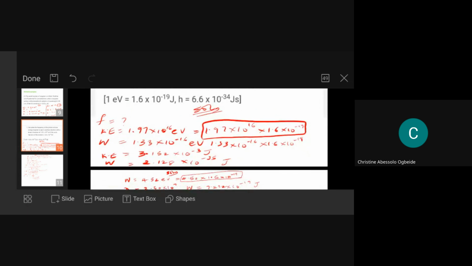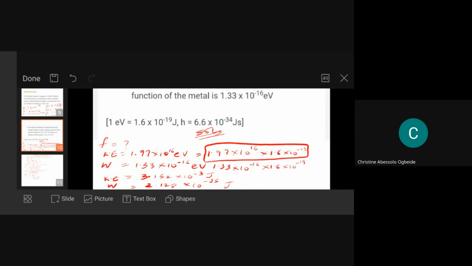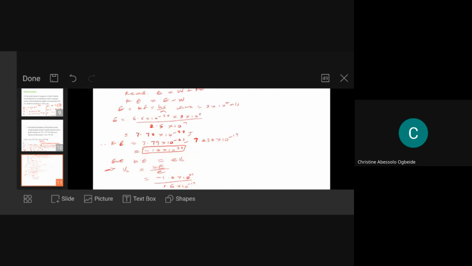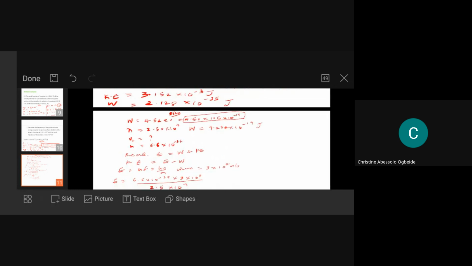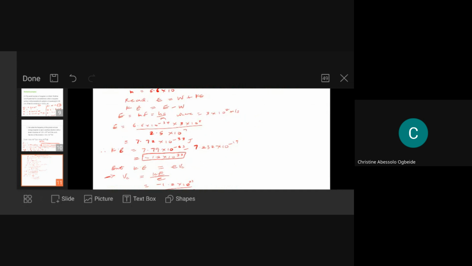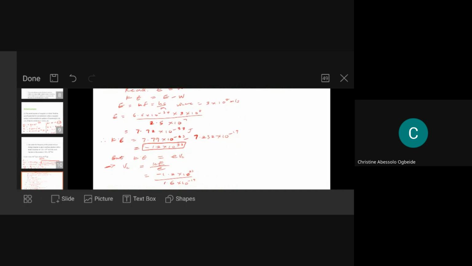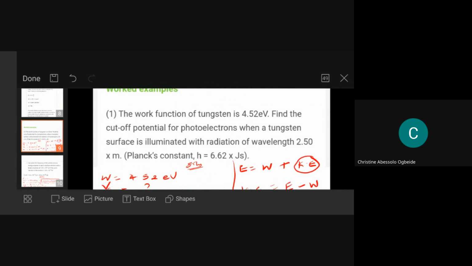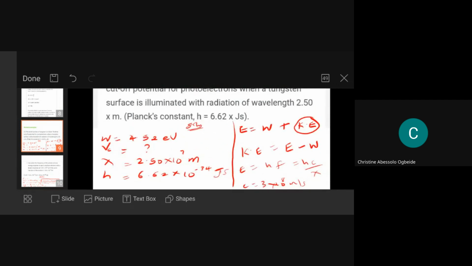This was where we calculated the cutoff potential, and okay, here it is.